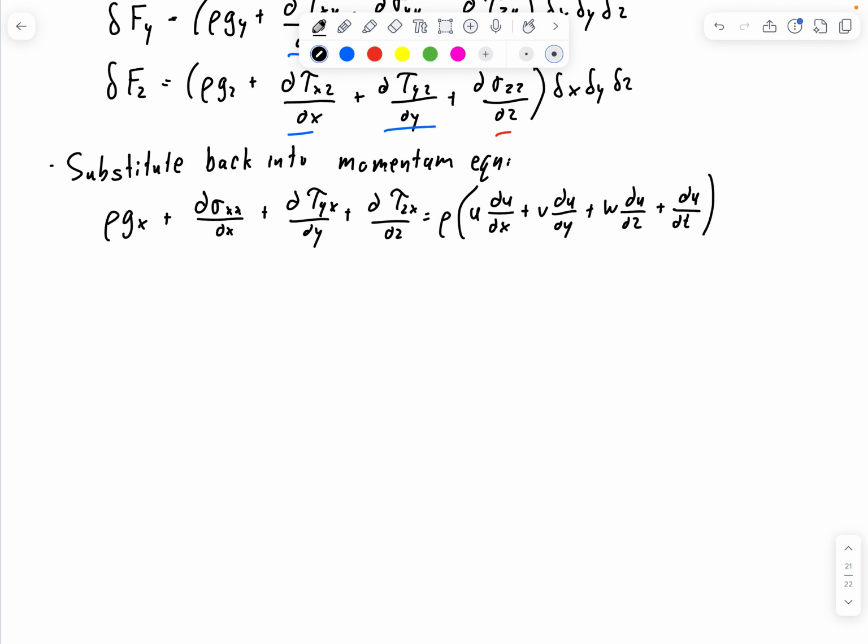So that's our x component of the conservation of linear momentum.